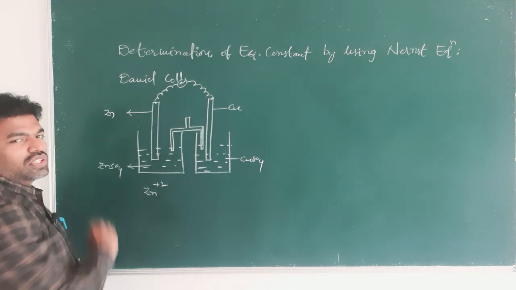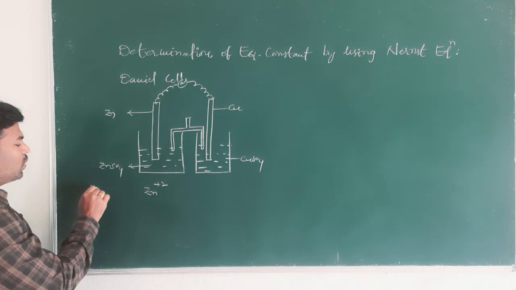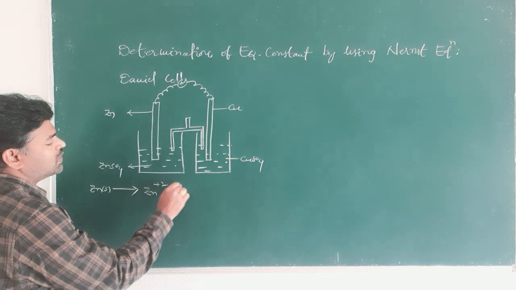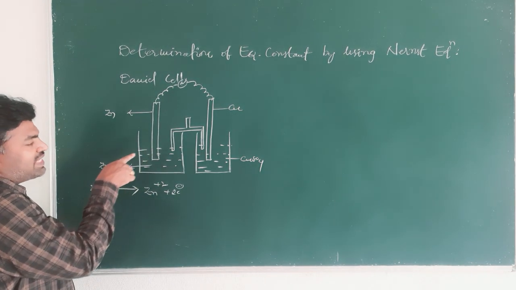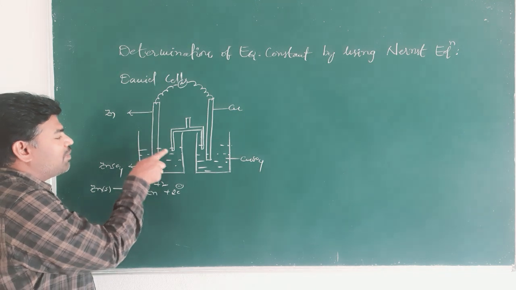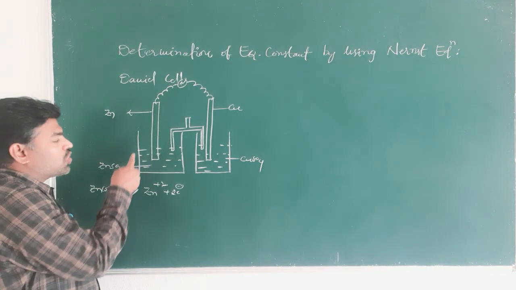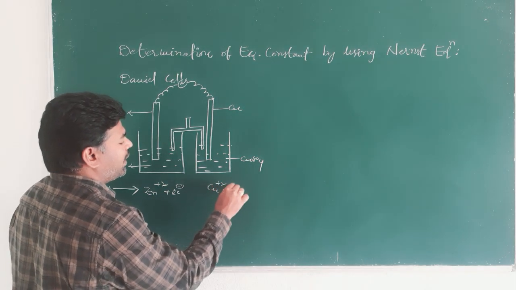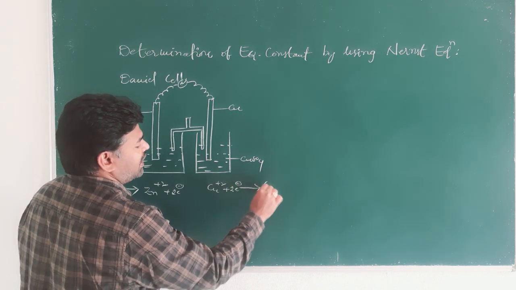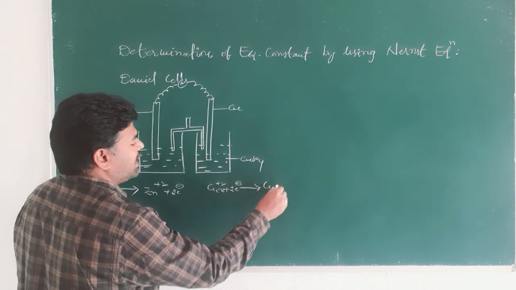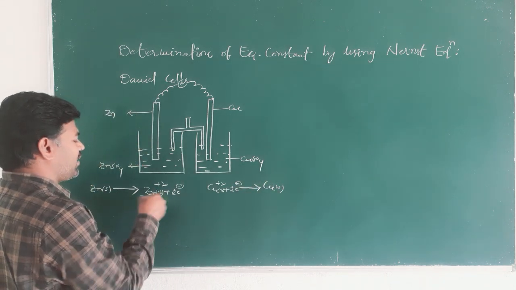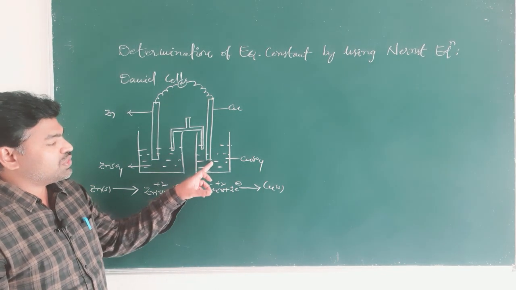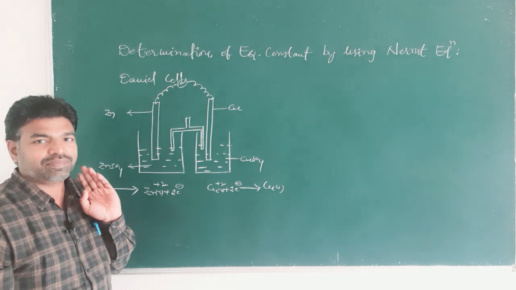Zinc solid undergoes oxidation, so the concentration of Zn+2 ions increases in the oxidation compartment, and Cu+2 ions undergo reduction to Cu. This is aqueous, this is solid, and this is aqueous, right? So the concentration of Cu+2 decreases.